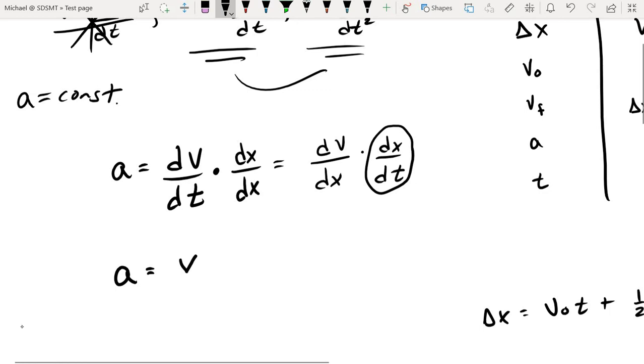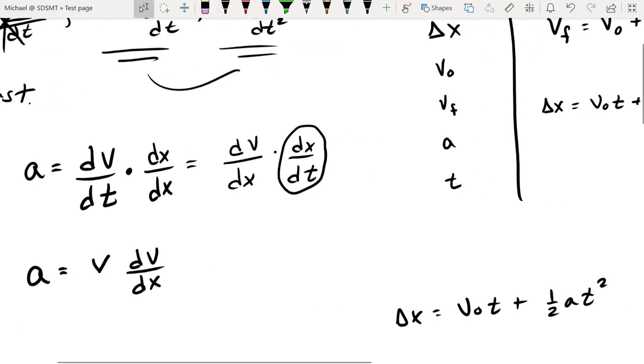In fact, that's instantaneous velocity, times the rate of change of velocity with respect to position. So we've actually lost the time dependency from this expression. Now we have an expression that says that the velocity is changing with respect to position.